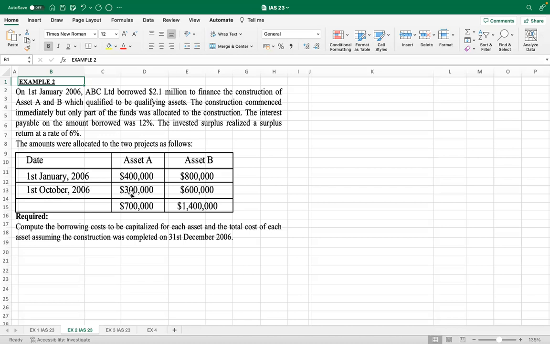When you are constructing a house, you don't use all the amount immediately. The amount is used in stages. Maybe what you will be using for roofing, you will use later on 1st October. So that is an example here. Immediately we started construction, we only needed 400,000. I'm only on asset A.